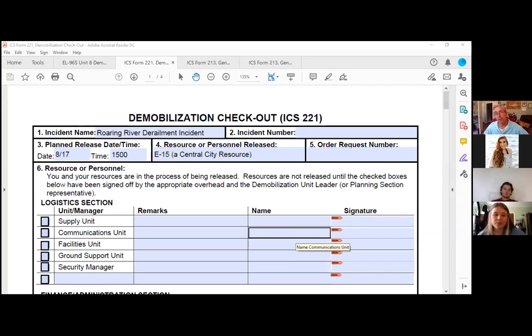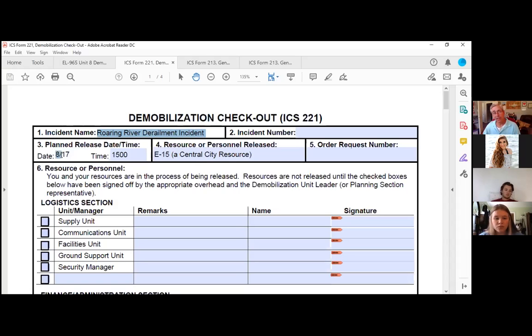The form that I picked out, the ICS 221 checkout form, I selected was for an engine number 15. That was the identifying mark. And this, of course, is a Central City resource. The incident name, once again, we're following up on the incident we've been doing a lot of work on, the train derailment incident for the Roaring River.